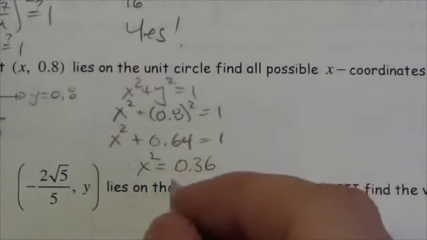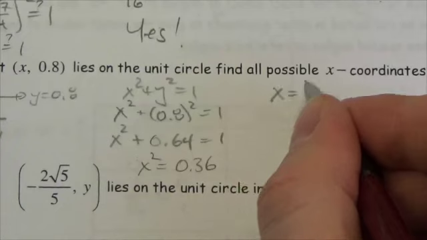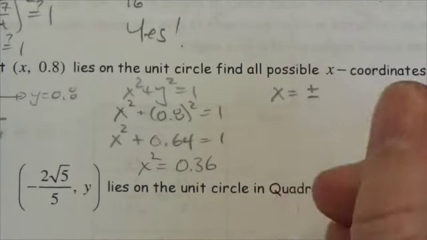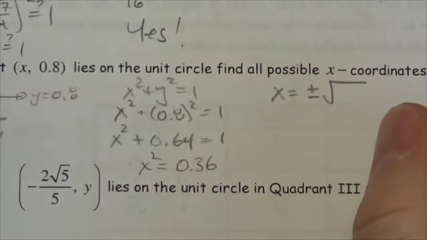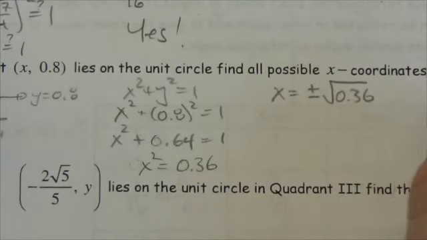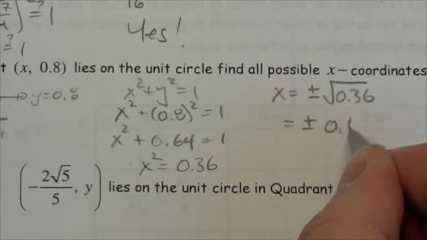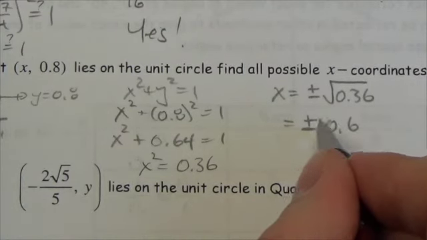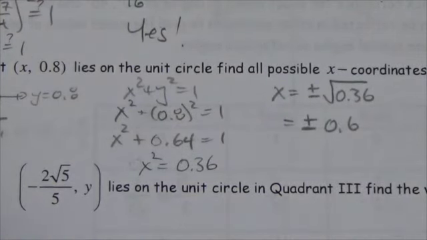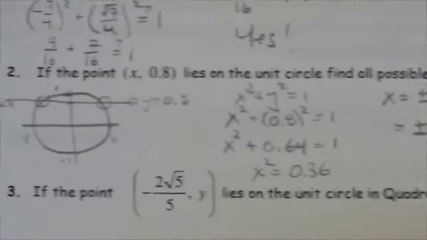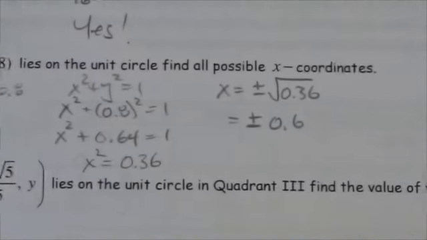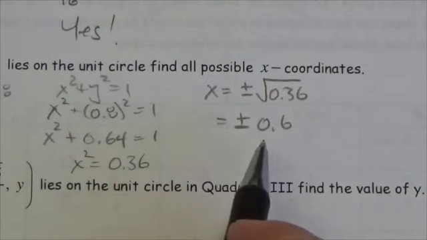And now when I take the square root of that, remember that I'm getting plus or minus, and then the square root of 0.36, which is going to be plus or minus 0.6. And so that plus or minus actually corresponds directly with my assumption right at the beginning that there's some symmetry. And so that works out really quite nicely. So plus or minus 0.6.